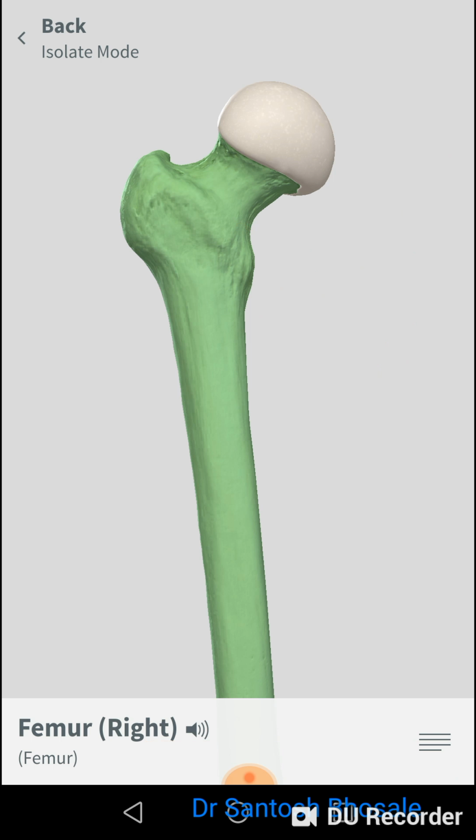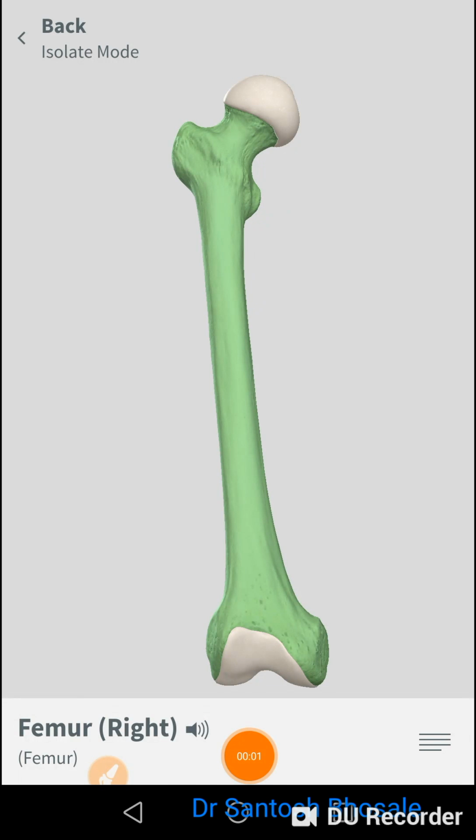Sometimes it is called the calcar femorale. You can see the calcar femorale here. The bony thickening that you see sometimes, that is the calcar femorale. And there is also an angle of anteversion, which is the angle formed between the transverse axis of the upper end and lower end.